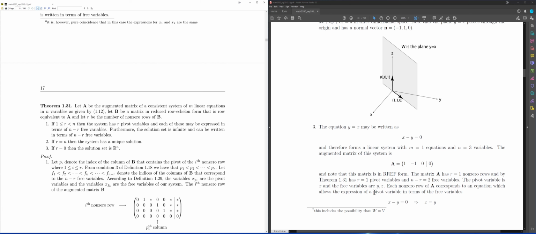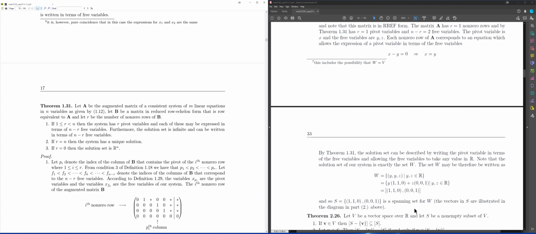And what you can do now is express your pivot variable in terms of your free variables. By using your equation over here associated to the RREF, which is just this equation, you see that the pivot variable x can be written in terms of a free variable, which is y.